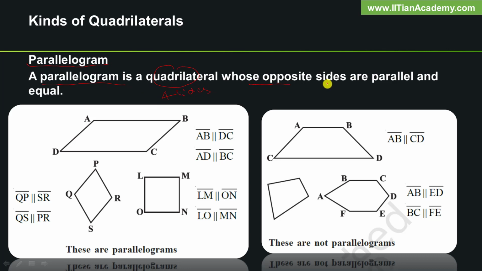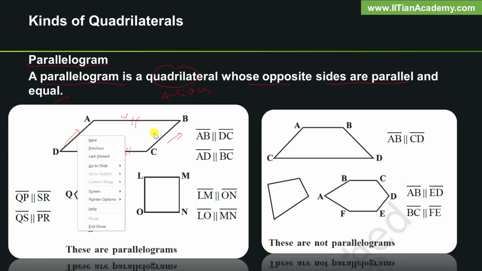Let us see some examples of parallelogram below. Here, this and this are parallel and equal. Here, this and this are parallel and equal. Hence this is a parallelogram. The same holds for the next examples, where opposite sides are parallel and equal.